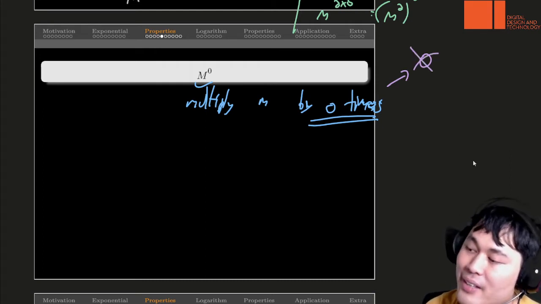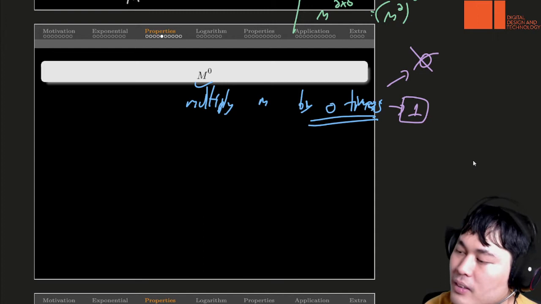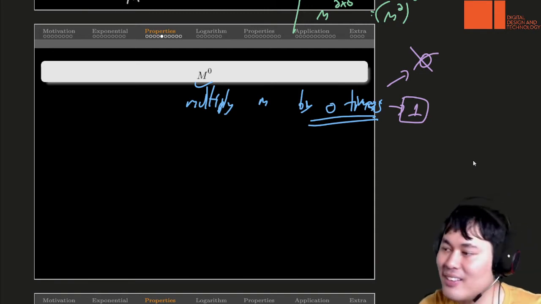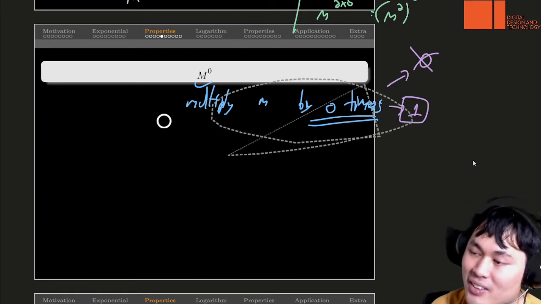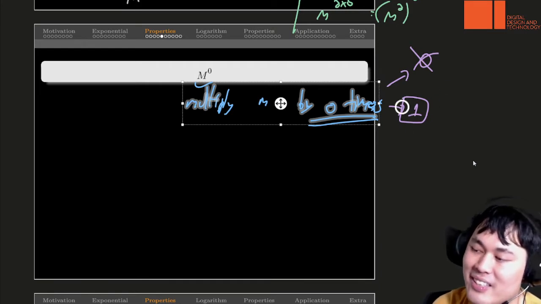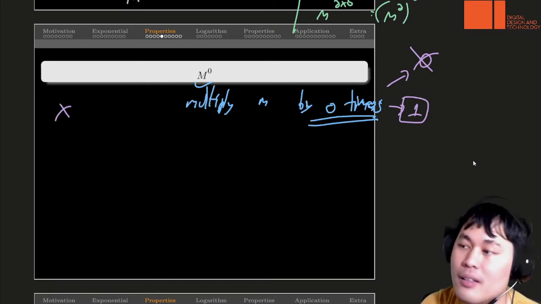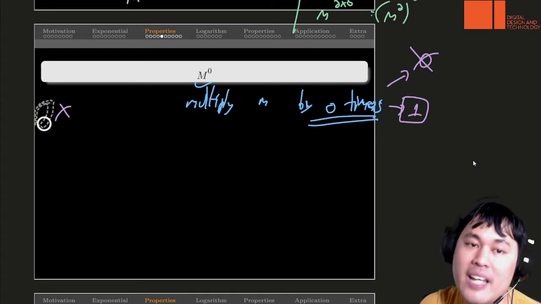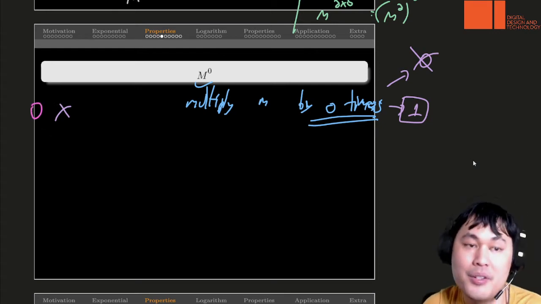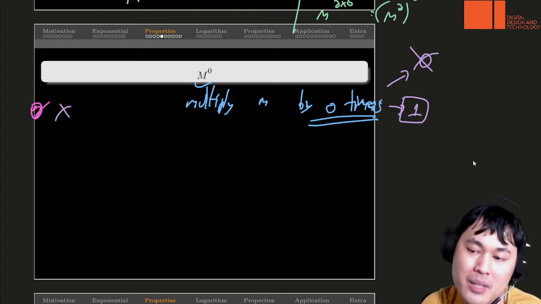But in fact, the answer is one. Because the nothingness for multiplication is actually one. For instance, if you have x and you multiply x by nothing, it doesn't mean you multiply it by zero. It means you multiply it by one, like 1 times x is x.